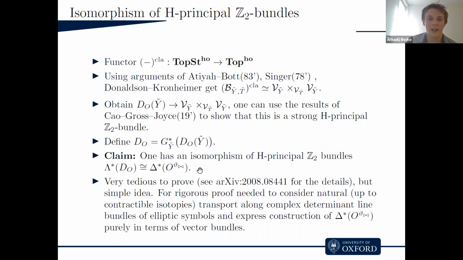And what I claim is that the resulting bundle, if I pull it back to algebraic vector bundles, is naturally isomorphic to the restriction of this algebraic geometric vector bundle constructed using extension data, restricted to algebraic vector bundles.